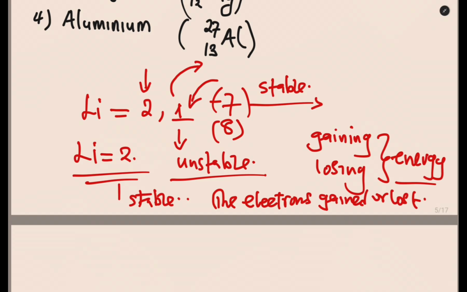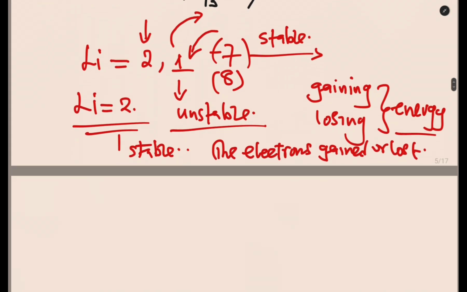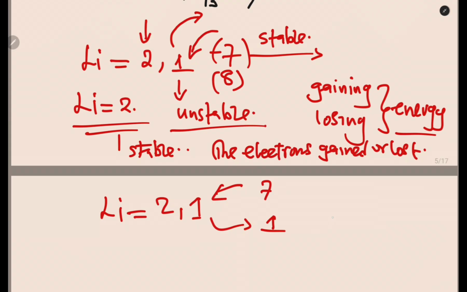An atom will not want to lose more energy, so it will go for the process that requires less energy. Now, look at this. Here we said lithium, the configuration is 2, 1. It needs to gain 7 or lose 1.